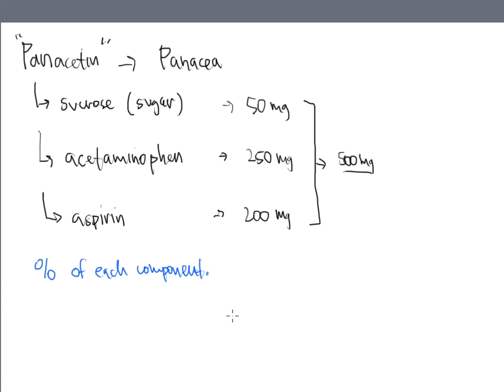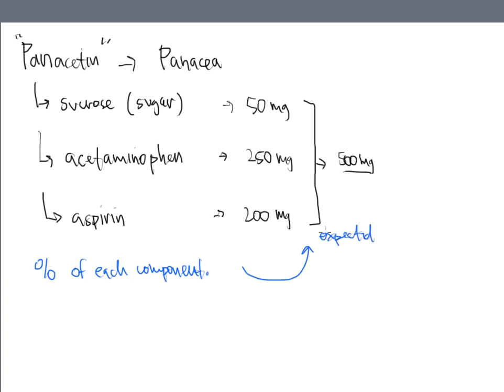In order to do that, you're going to have to figure out how many milligrams you have of each one, which means that we're going to have to separate these 3 things. We'll separate them one by one, figure out the number of milligrams present, calculate a percentage, and then compare that percentage to the expected percentage.